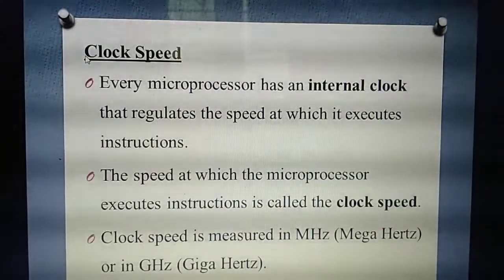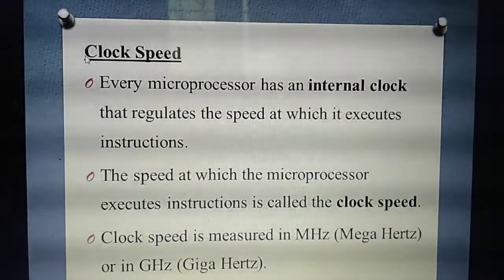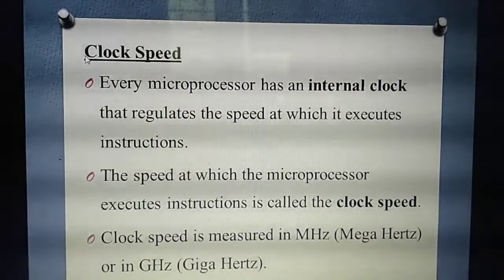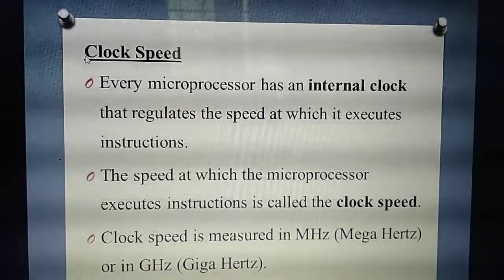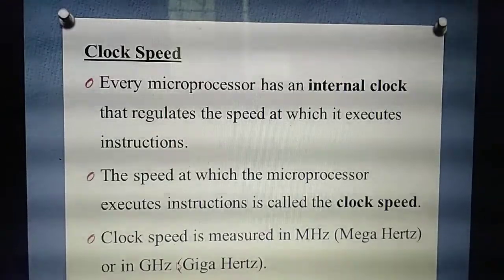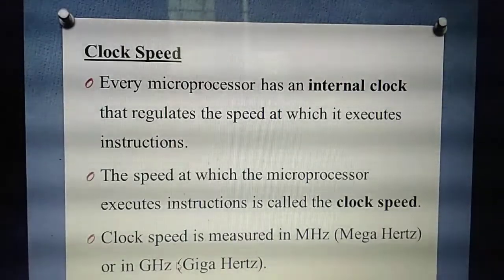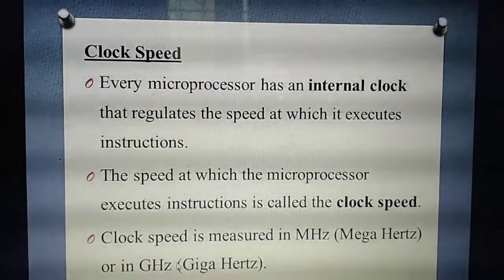So how many executions will take place? 5 executions. That is called clock speed. That clock speed is measured in 2 terms. What are they? Megahertz or gigahertz. This clock speed is measured in what unit? Megahertz or gigahertz. Very important 5-mark question.